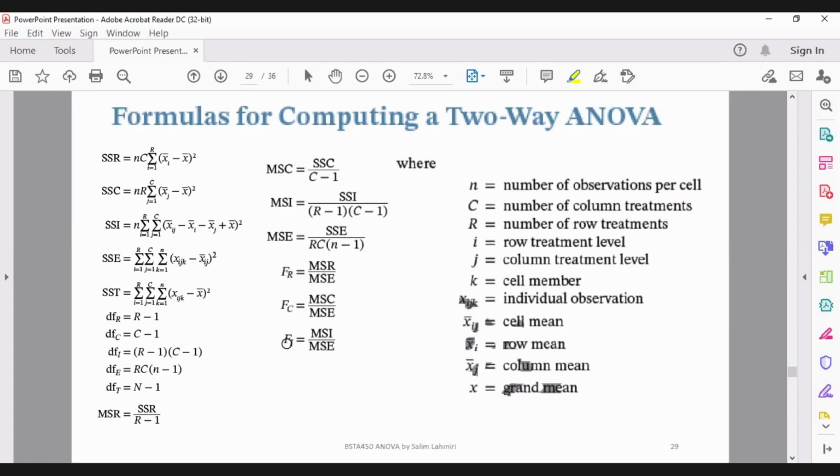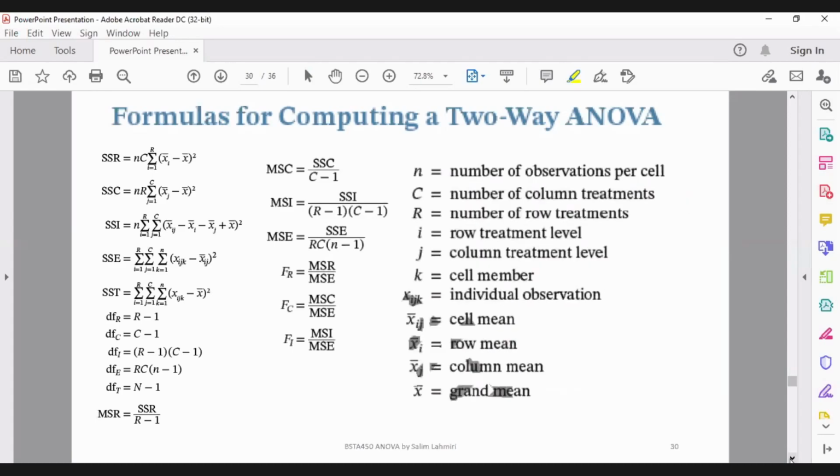FR is equal to MSR over MSE, FC for columns is equal to MSC over MSE, and FI for interaction effects is equal to MSI over MSE, using the corresponding quantities shown in this table. The calculations, by the way, are done automatically by the software.